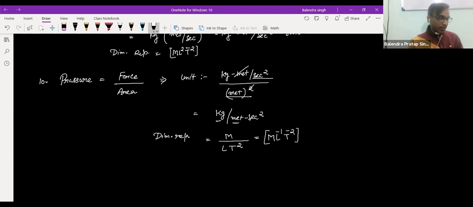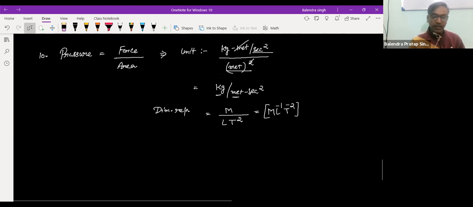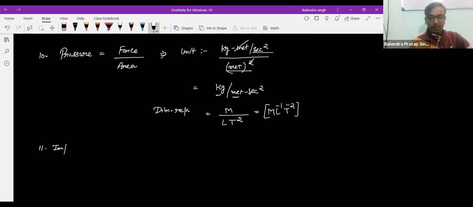So this is the unit for pressure. Now the next unit is impulse. I will briefly discuss what impulse is in our next chapters, but for unit and dimensional representation I'm just using its formula.